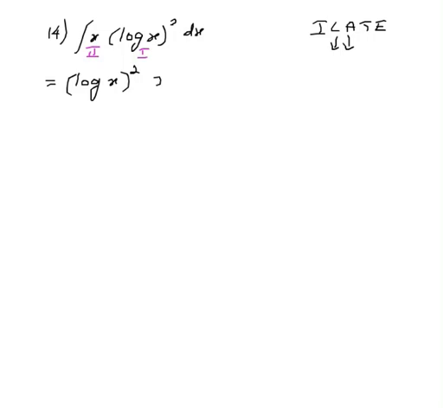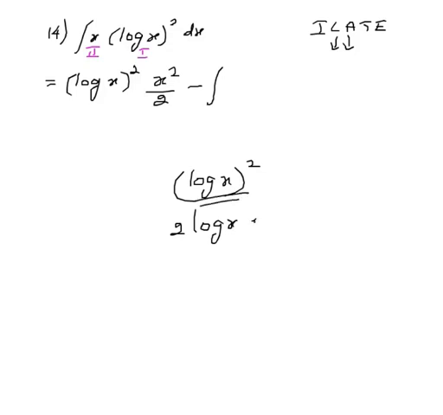First function, into integral of the second function, which is x square divided by 2 minus integral differential of the first function. We have to apply chain rule. Power has to be differentiated first, so 2 times log x into the base. Log x has to be differentiated. So it is 2 times log x into 1 by x into integral of the second function, which is x square divided by 2 dx.